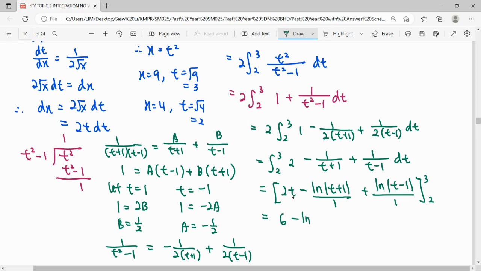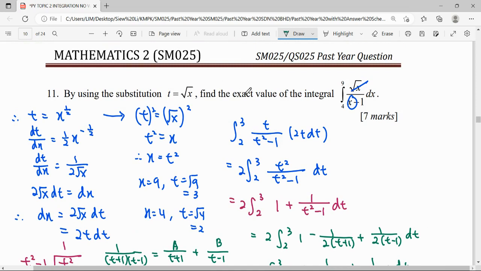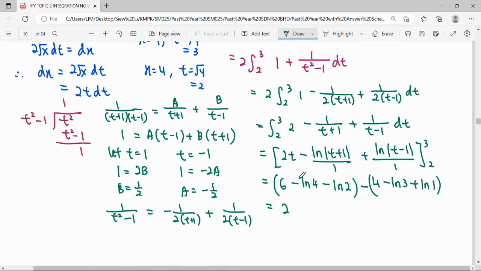Substitute 3, minus substitute lower limit 2. Then we simplify. So 6 minus 6, 6 minus 4, which is 2. We can't write it as a decimal because the question said we need to find the exact value. So we have to find it in the simplest form without decimals.